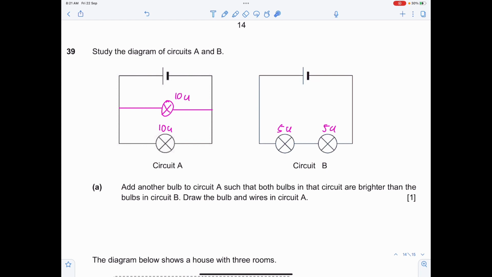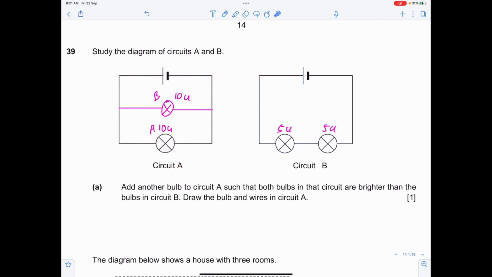If this is B and this is A, and bulb B fuses, you would say even though bulb B fuses, bulb A is still in a closed circuit, as the electricity has an alternating pathway. Hence bulb A will still remain lit.